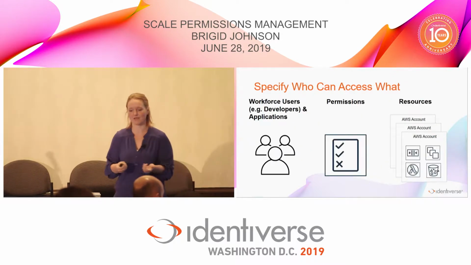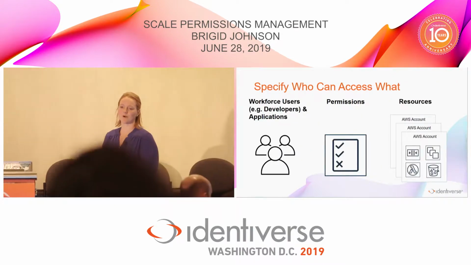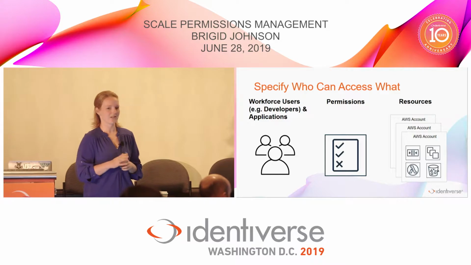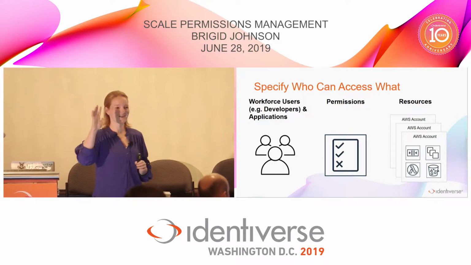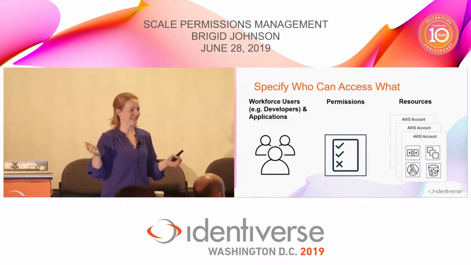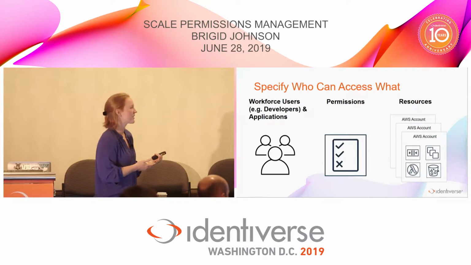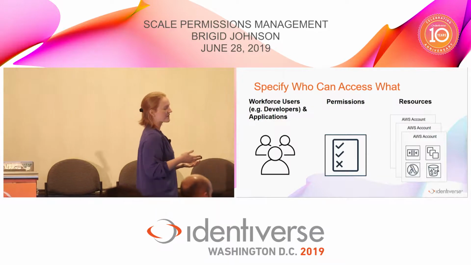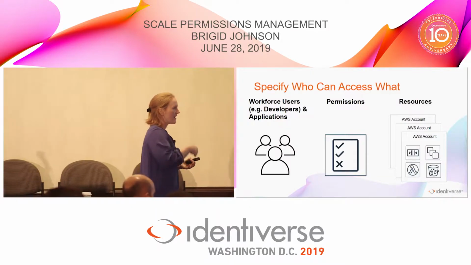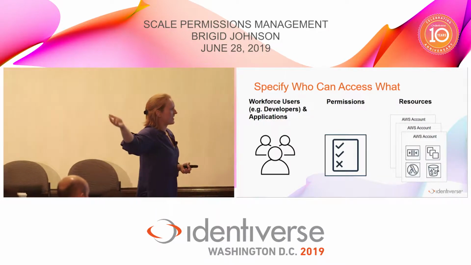So it always comes down to who can access what. Who has heard this or said this in their life? I would hope a lot, if you're working in identity. The who is your workforce users, your developers, and sometimes even your applications. And the what, which I'll talk about today, is resources.